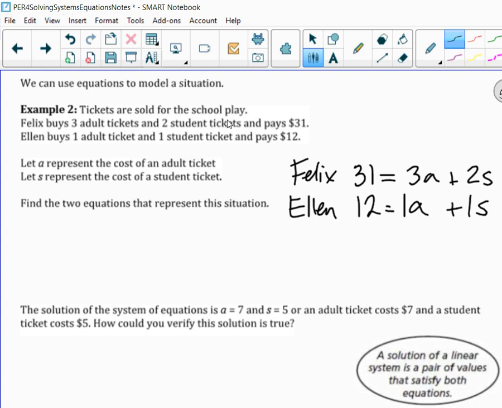So it says here that the solution of the system of the equations is A equals 7 and S equals 5, or an adult ticket costs $7 and a student ticket costs $5. How would you verify that this is true?